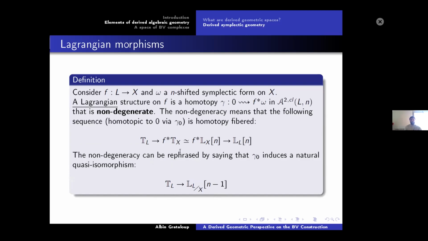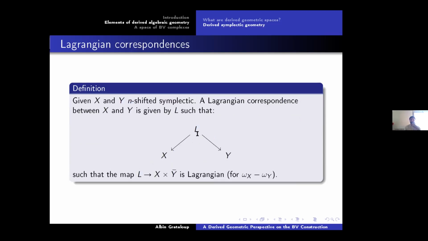And from that, I can finally define a Lagrangian correspondence, which is where I wanted to get to. A correspondence between X and Y via some L. So you have a diagram like this, where X and Y are n-shifted symplectic.